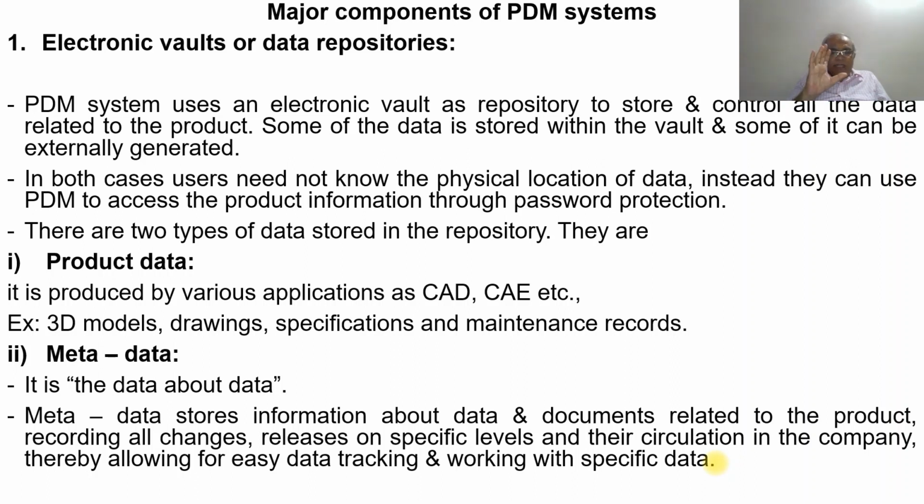Once they modify the data, they will not issue the same drawing again. They will give a new number with a new release and also a new date, so that you will know the updated information. This is how they track the data from one release to the next release.